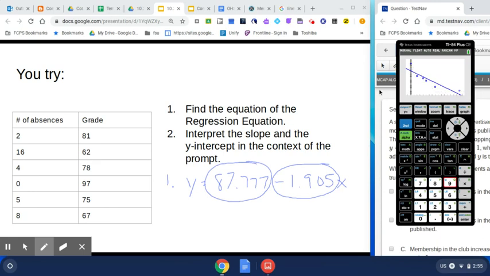So even though I did the equation for the line of best fit, there might be an exponential equation that would better fit these points. But for right now, we are only talking about linear scenarios, so we will only be finding equations for lines of best fit. At this point, we are not going to be finding curves of best fit. But I just wanted to point that out in case you looked at the graph and thought that a linear model might not be appropriate. And if so, you may be right.